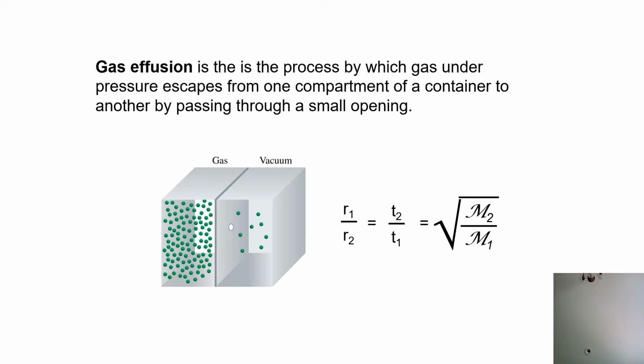So this is Graham's law of effusion, where the rates of effusion are inversely proportional to the square root of the molar masses. And these are typically expressed in units of time. So you'll see R1 over R2, which are rates, is equivalent to T2 over T1 in units of time.